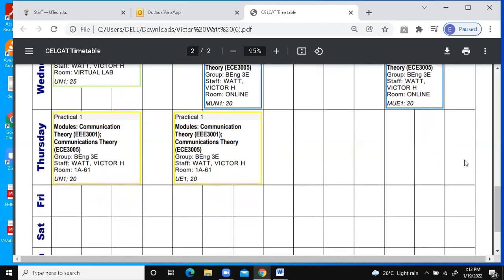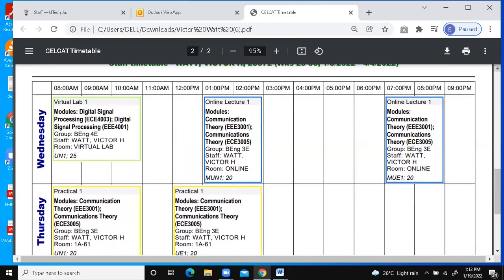Sir, how will the labs be conducted, sir? I can't answer that right now. I know that it's more than likely going to be virtual.